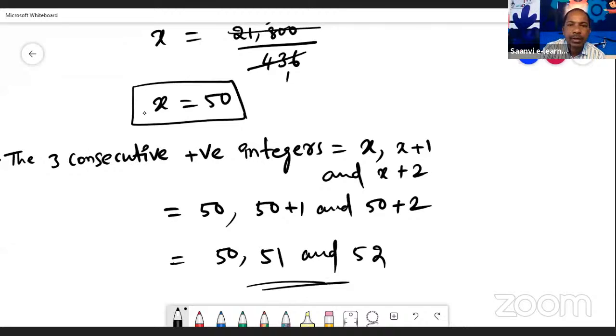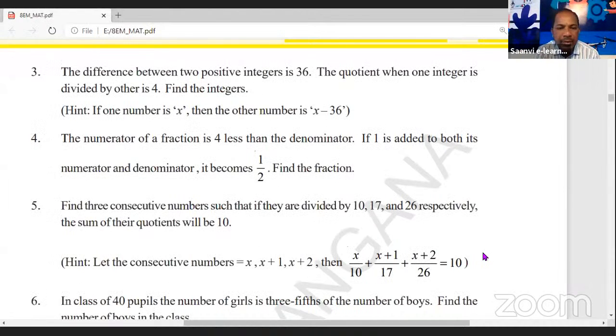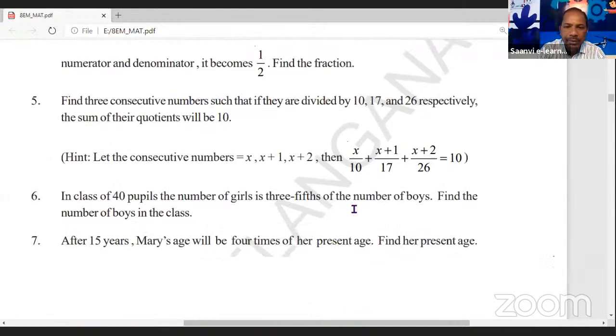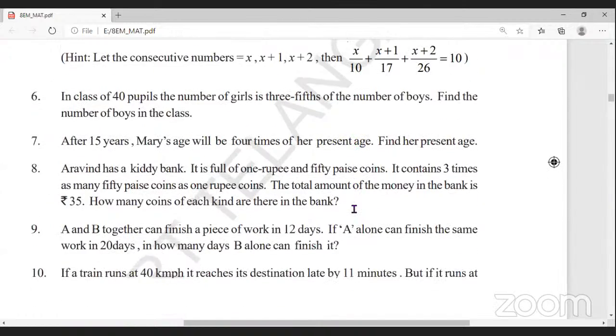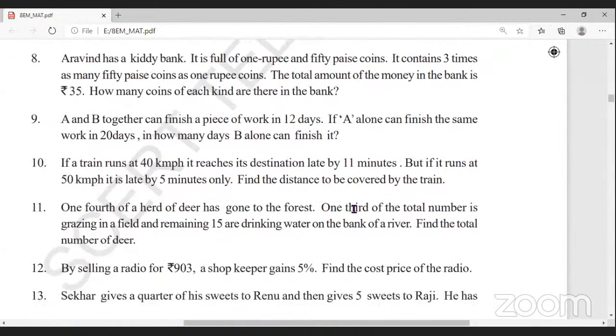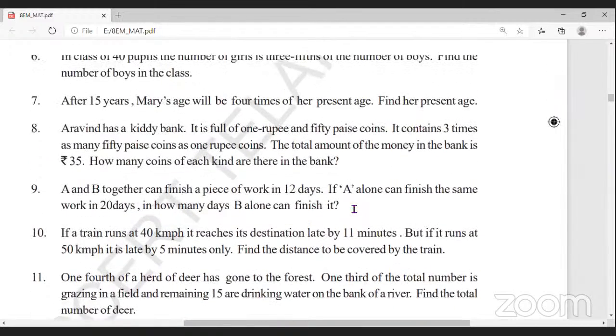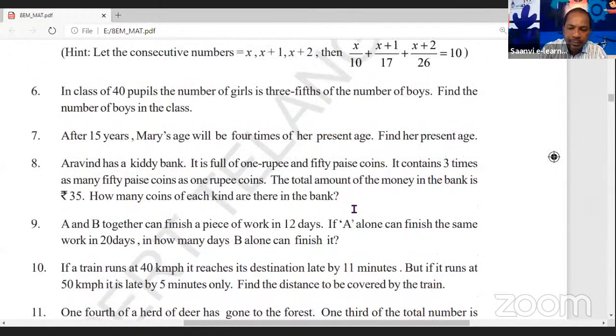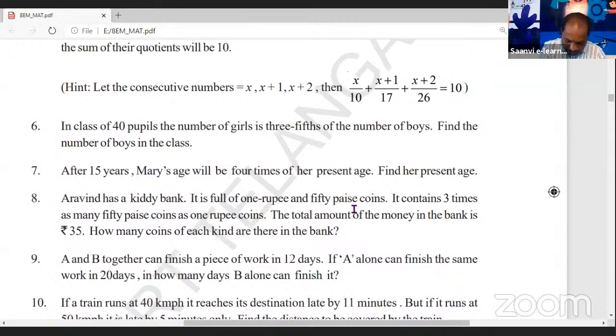These problems you can complete at home. Now the time is up, so these remaining problems you complete at home. This chapter is completed. In the next class, we will discuss the next chapter. Thank you, children.